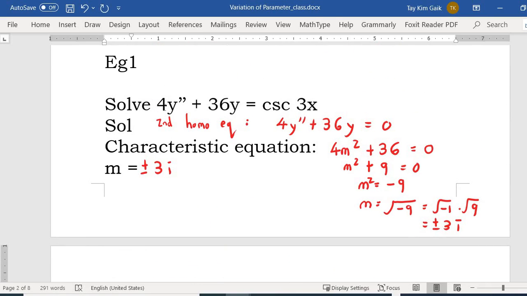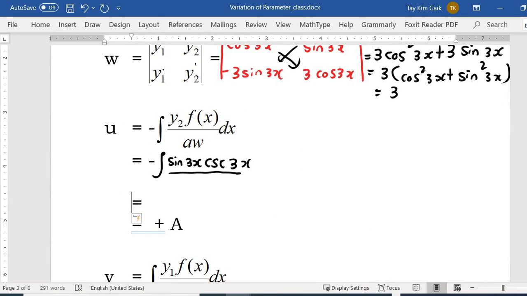A is the coefficient of the second derivative, which is 4. So you got 4 here. W you obtained in step 2, which is 3. Then integrate with respect to x. So you have the constants here, 4 times 3, 12.